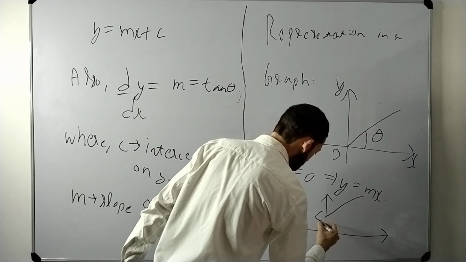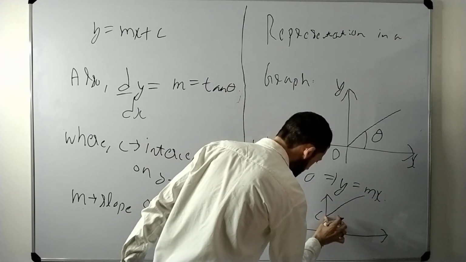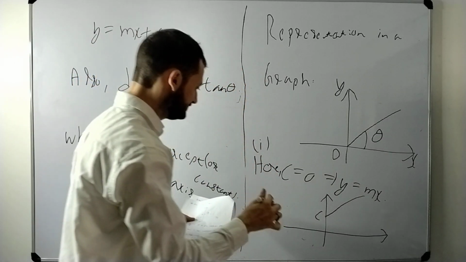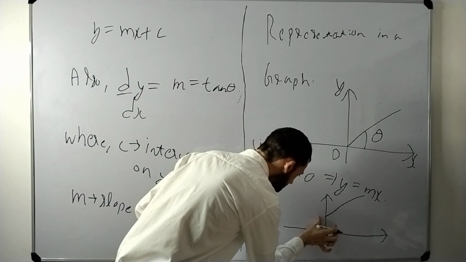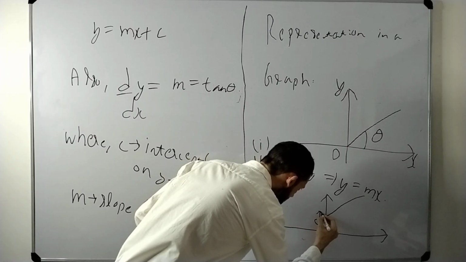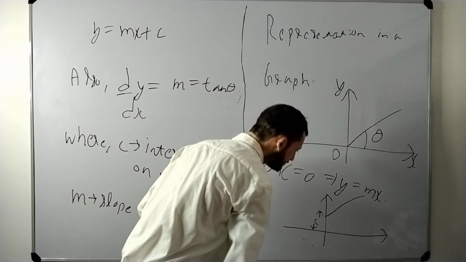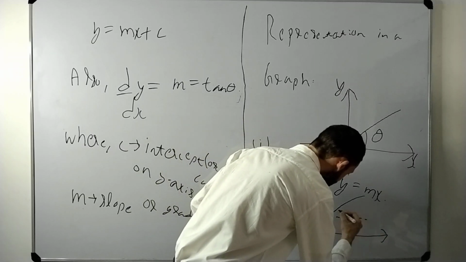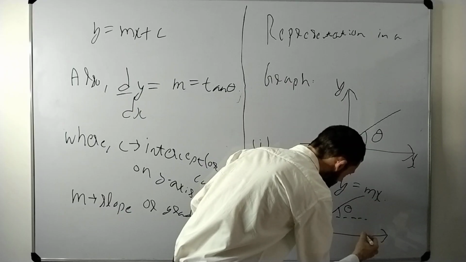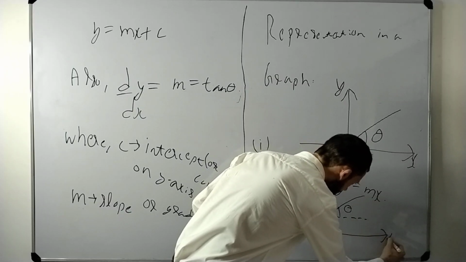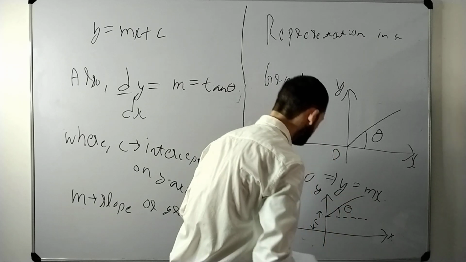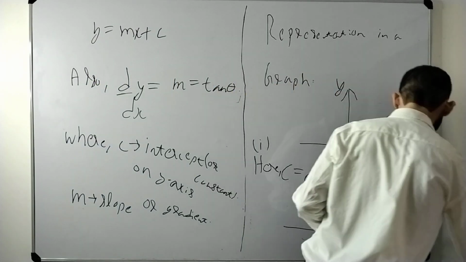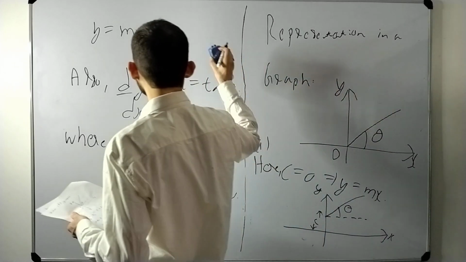So c, the intercept, happens to be here, students, and this is the slope. This is actually the x-axis. This is the y-axis. Right. So what equation?